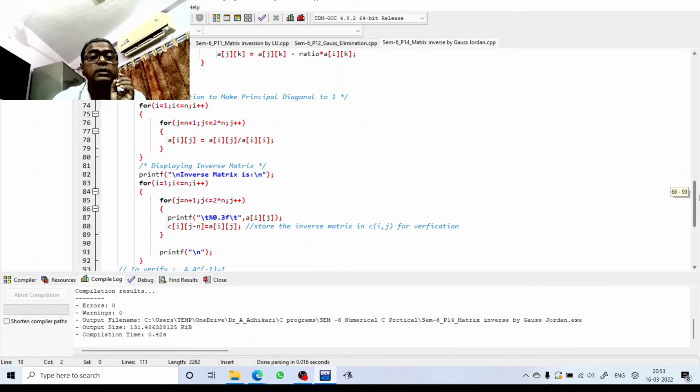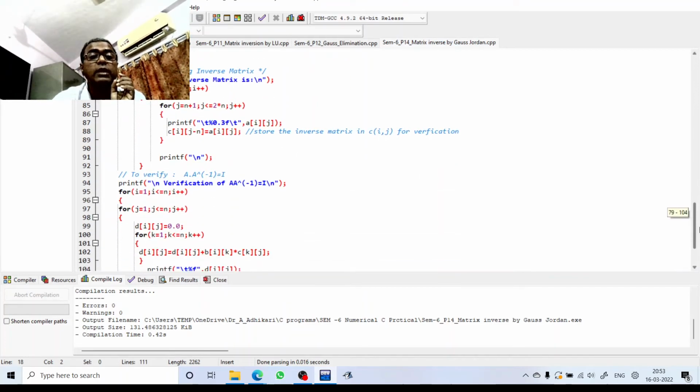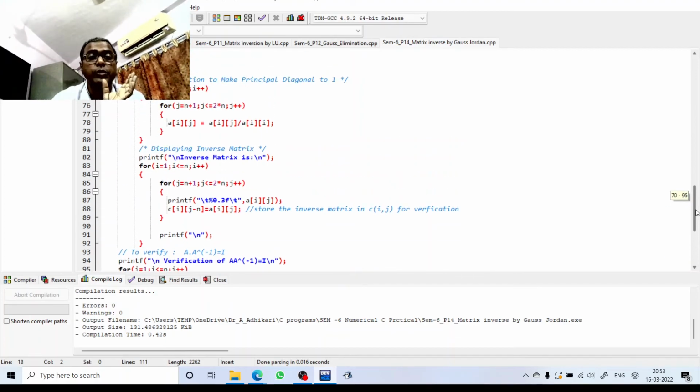In the last step is the verification of A inverse equal to I. You can omit this verification step, but it is necessary to check whether the answer is correct or not.